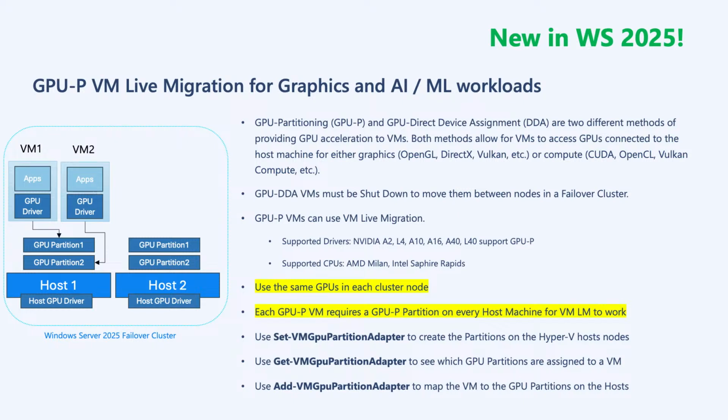That means that each VM can use a GPU partition, and when I fail over VM 1 from host 1 to host 2, it'll successfully drain the GPU memory from host 1 and then rehydrate it on host 2. This is fantastic, especially for machine learning and inference workloads.